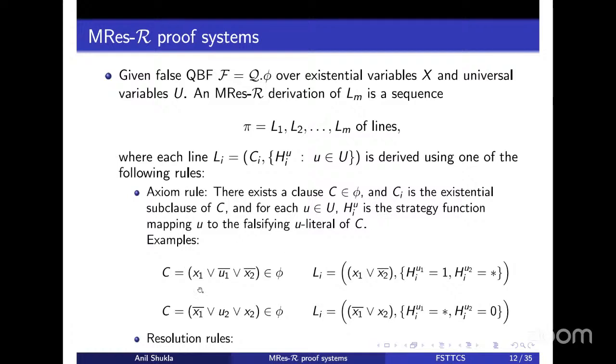If I set u1 to 1, then not u1 is 0, so the strategy for u1 is 1. And u2 is not here, so the strategy of u2 is star, don't care. Similarly, for the clause not x1 or x2, the strategy for u1 is star and u2 is 0. This I can always do in MRes-R.